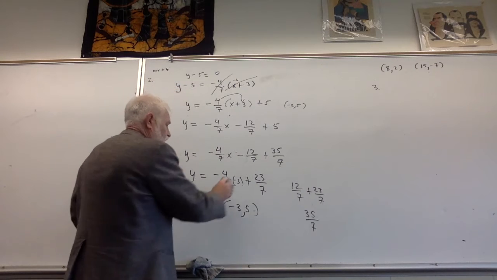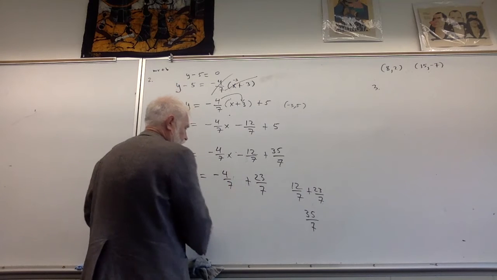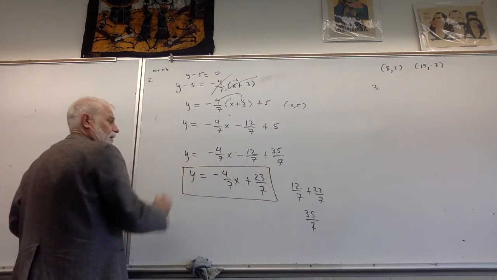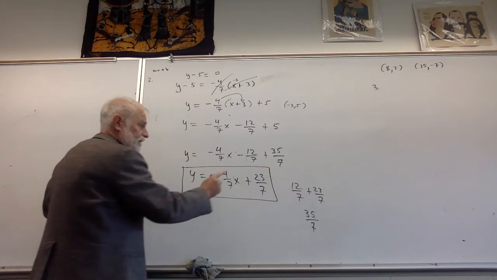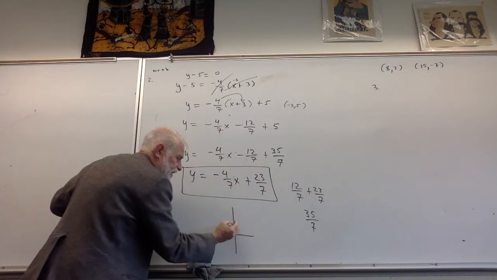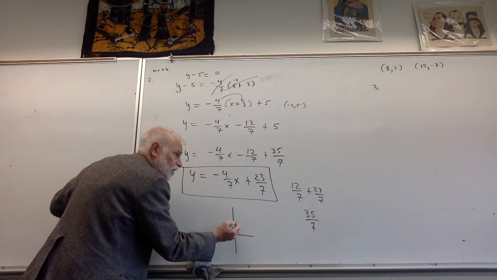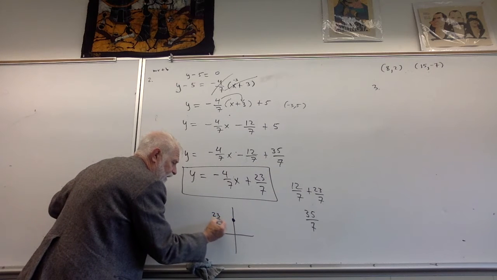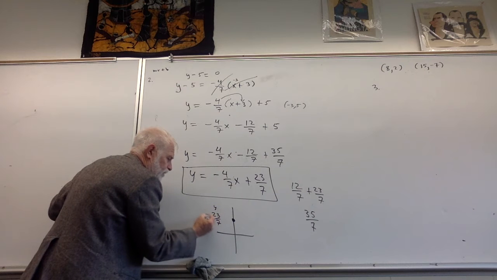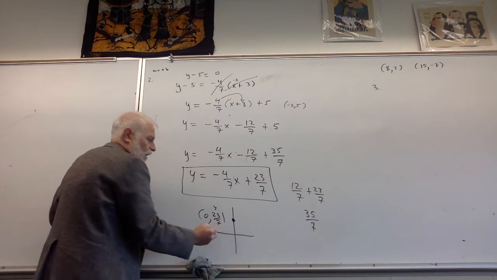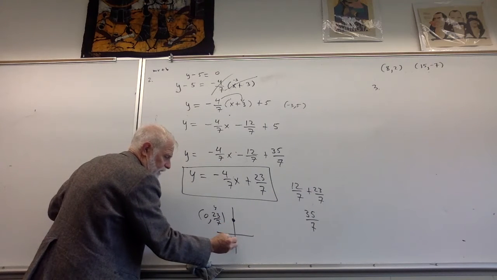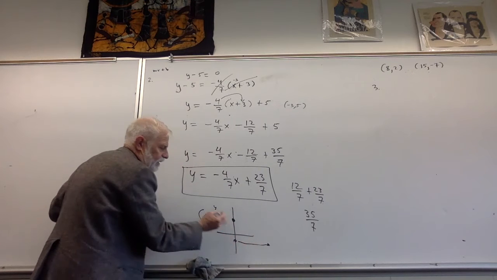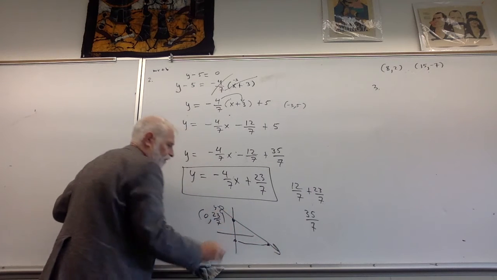Okay, so if this was what I was given, and it's a slope and it's an intercept, I take the intercept of 23/7, which is near 3. So let's say that that's 23/7 for a y value, right? If I put 0 in, and what do I do? I go down 4. I don't know, maybe that's 4 units of change over 7, something like that. And there's the linear function.